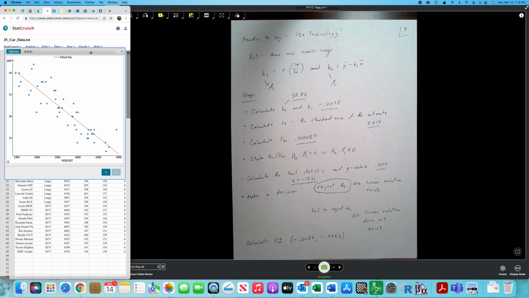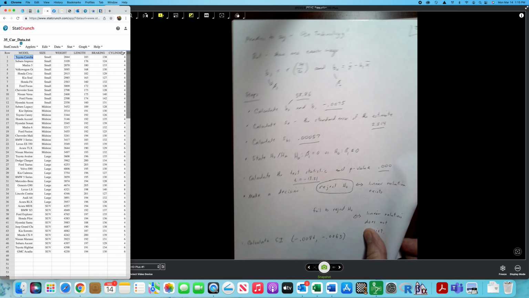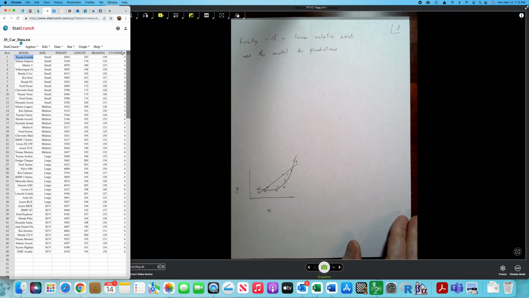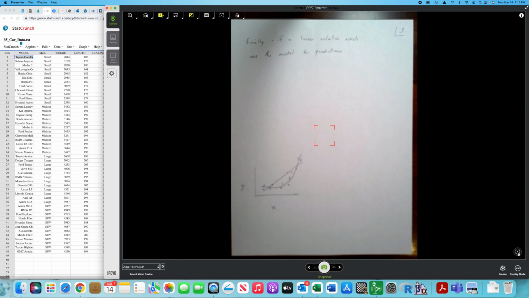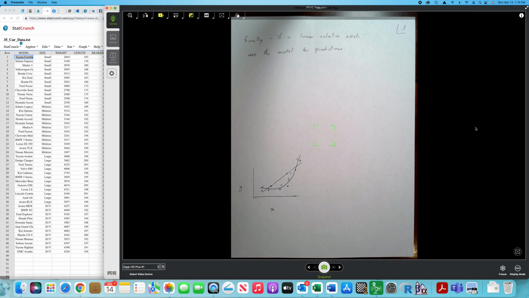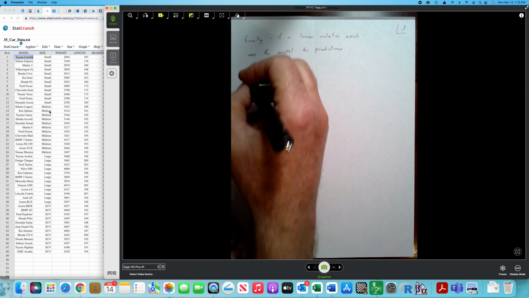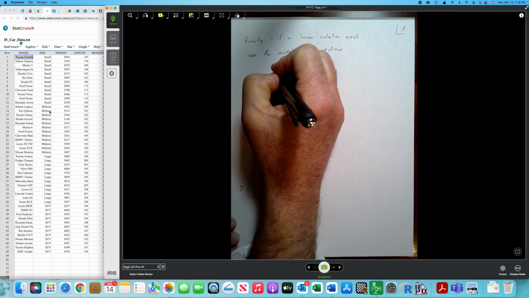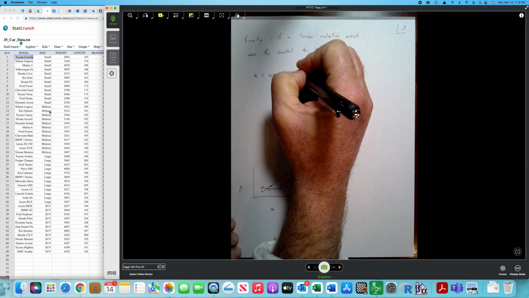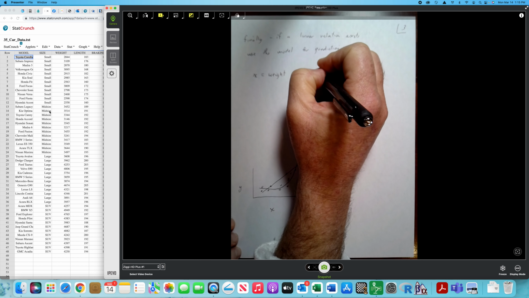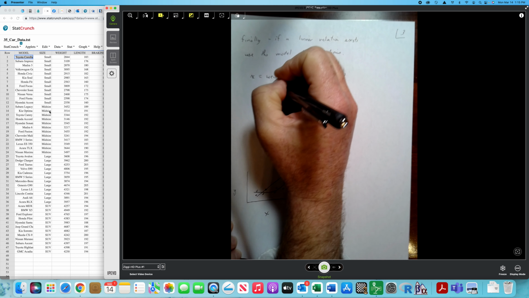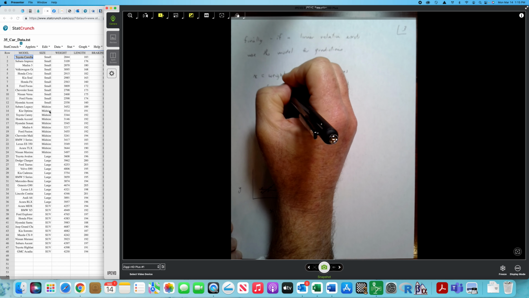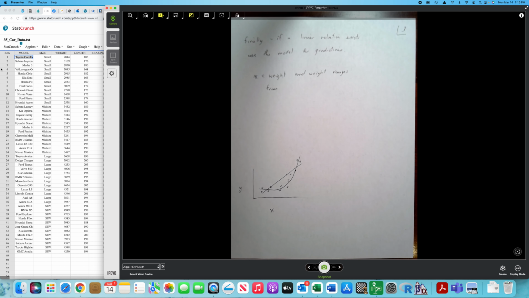The next thing we may want to do is, as I've stated on the back, make predictions. Now, one little caveat to making predictions is we never want to make predictions outside the bounds of our data. So my X in this case is weight, and weight ranges from, well, let's go grab it and see.